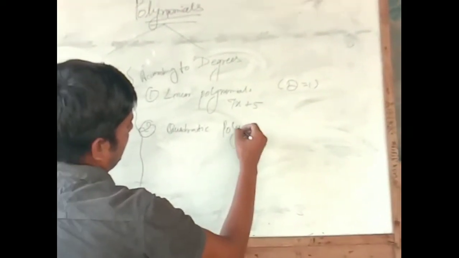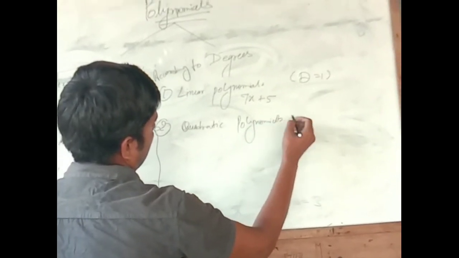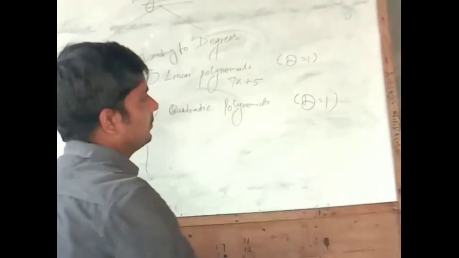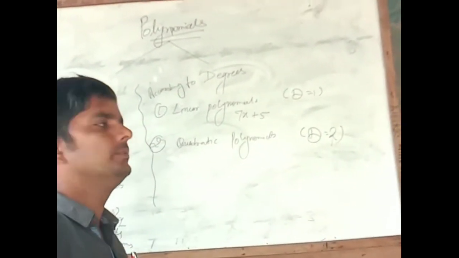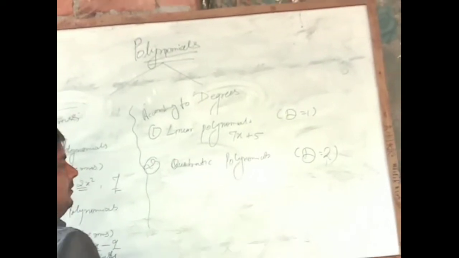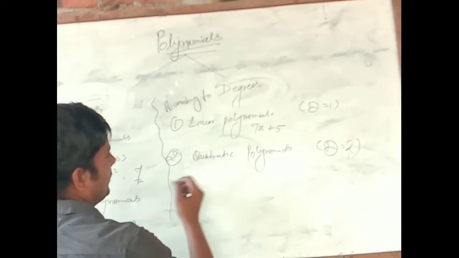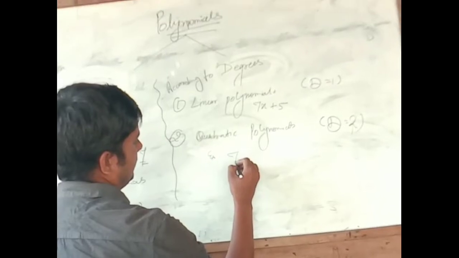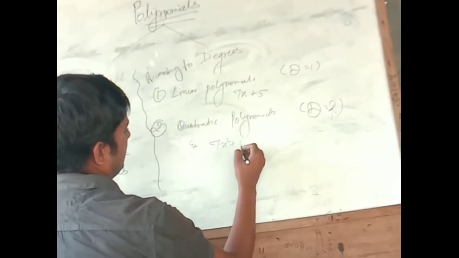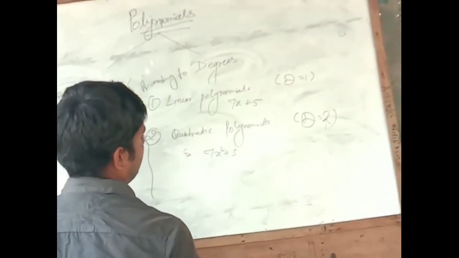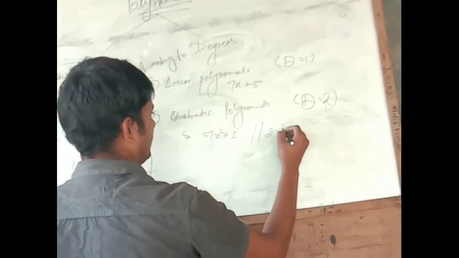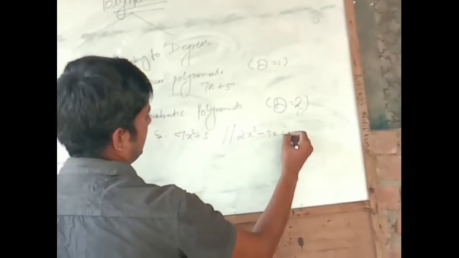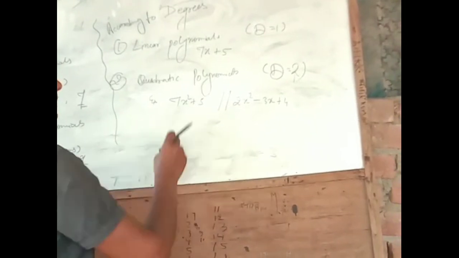A polynomial which has degree 2 is called a quadratic polynomial. For example, 7x² + 5 or 2x² − 3x + 4. These are also examples of quadratic polynomials because both have degree 2.